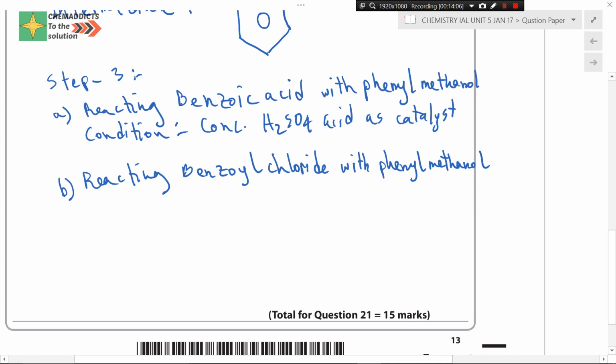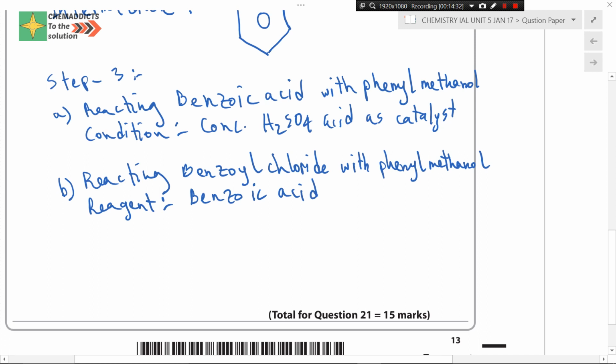The conditions and reagents required here: first let us talk about the reagent. The reagent would be benzoic acid with PCl5.